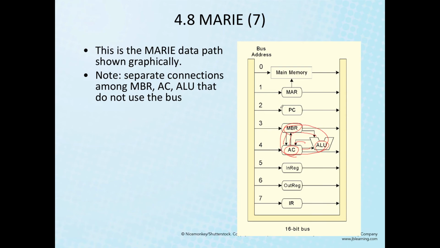For the PC to indicate the memory location, it should use the main bus, and no other register can use the main bus at that time. So the main bus is used by only one at a given instance. However, those three have separate connections, so without using the main data bus, they can communicate with each other. This supports some concurrency, so that performance can be enhanced.